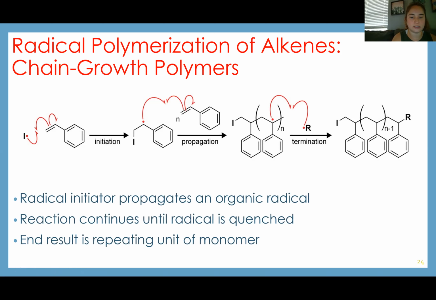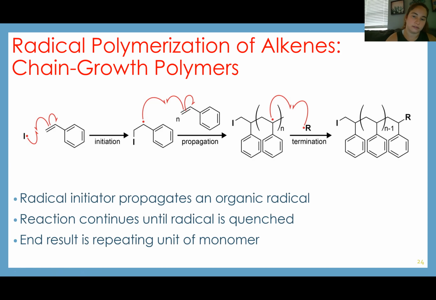Ultimately, the end result is a repeating unit of the monomer. So typically, the types of questions that you see on your final exam is it shows you the monomer, and then it asks you which of the radicals is the likely intermediate. That's the normal type of question.